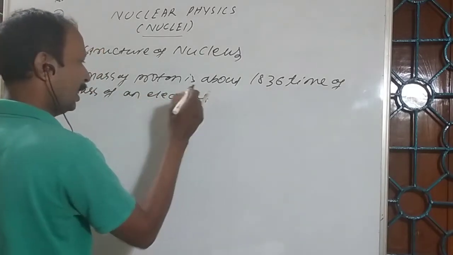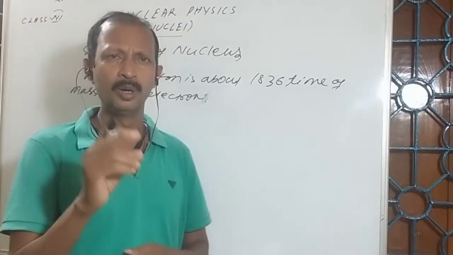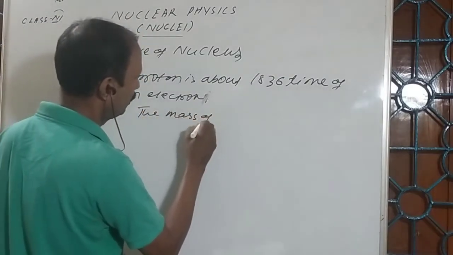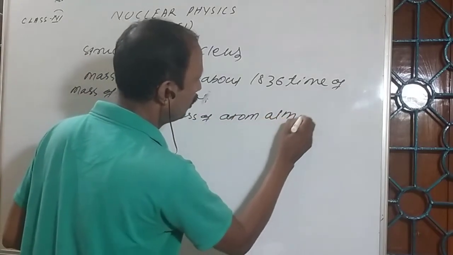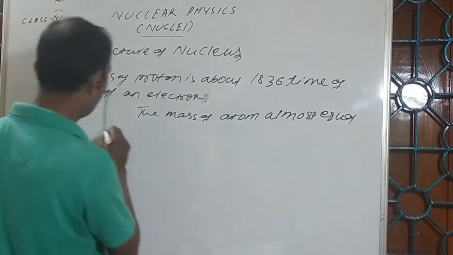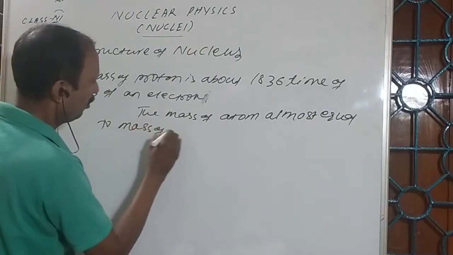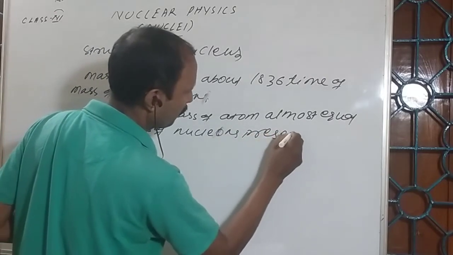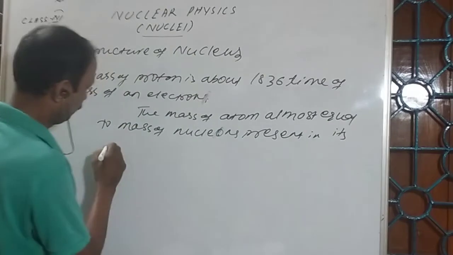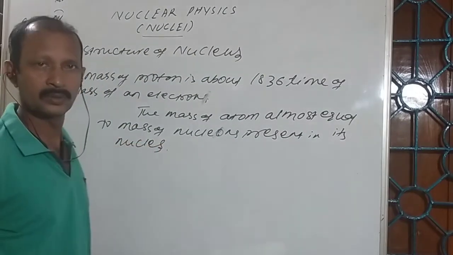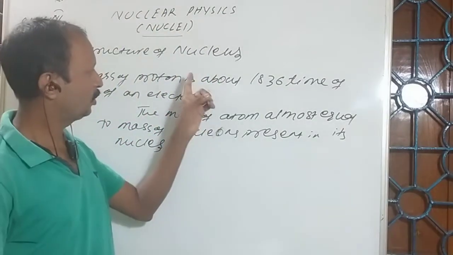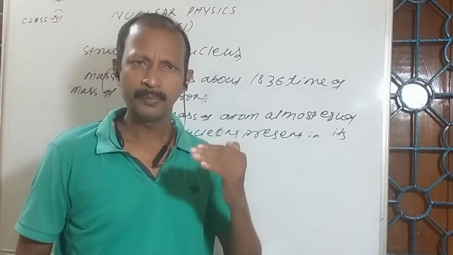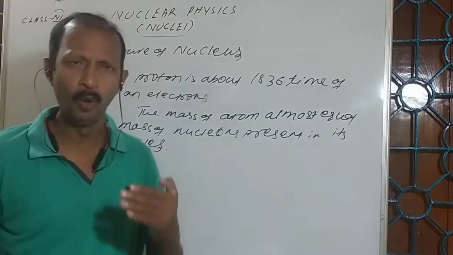That means the mass of the atom is almost equal to the mass of the nucleons present in its nucleus, because the mass of proton and the mass of neutron are almost equal. The neutron is a little more in mass than the proton.